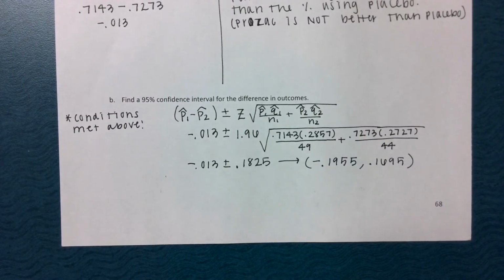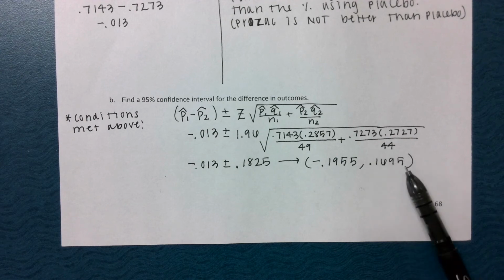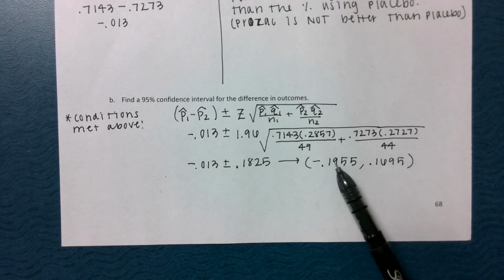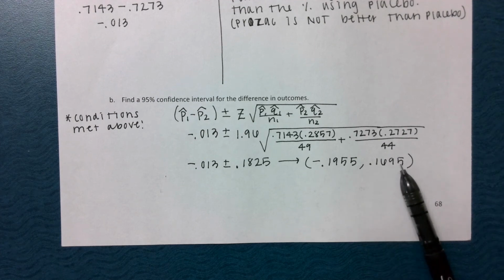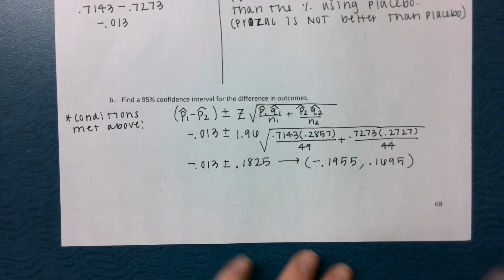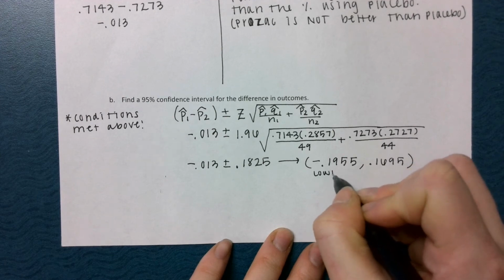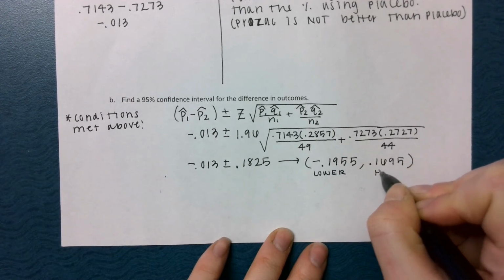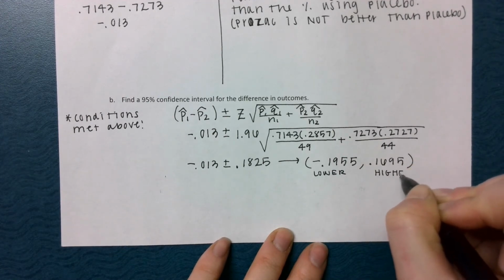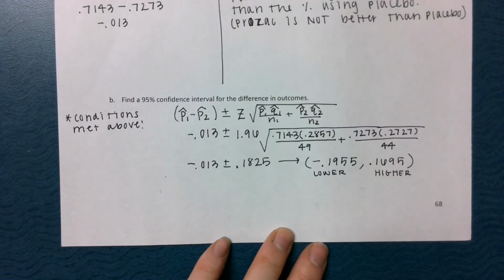Right, now this one is a little bit trickier because I have one that's negative and one that's positive. So this means that it could be as much as 20% lower, or it could be as much as 17% higher. So we're going to say lower for this negative and higher for the positive.